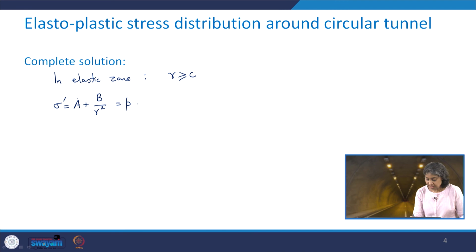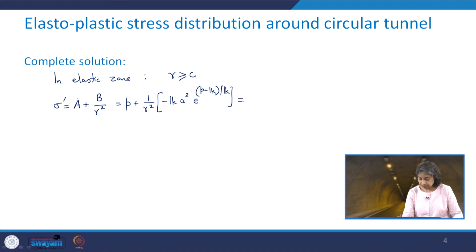So, what we will have is P plus 1 upon r square minus kappa a square e to the power P minus kappa by kappa, or P plus 1 upon r square.